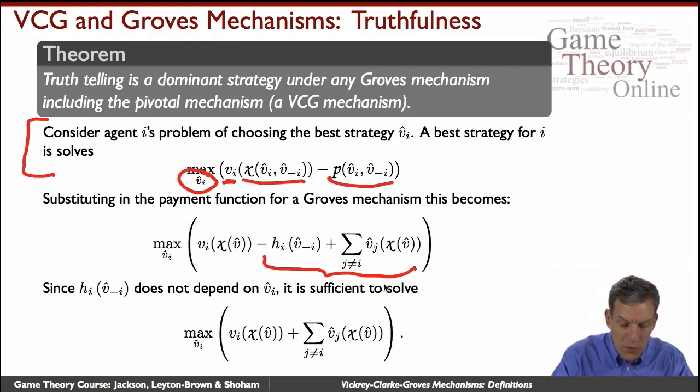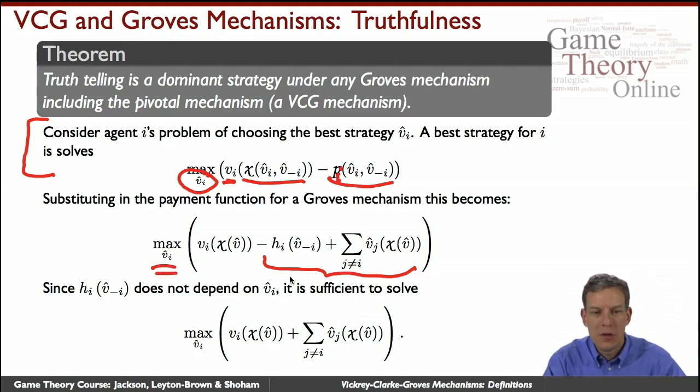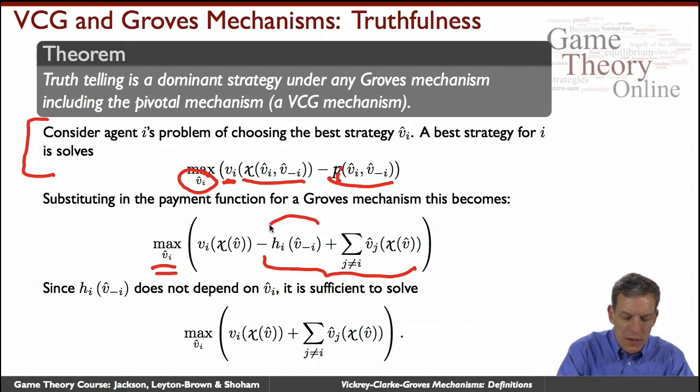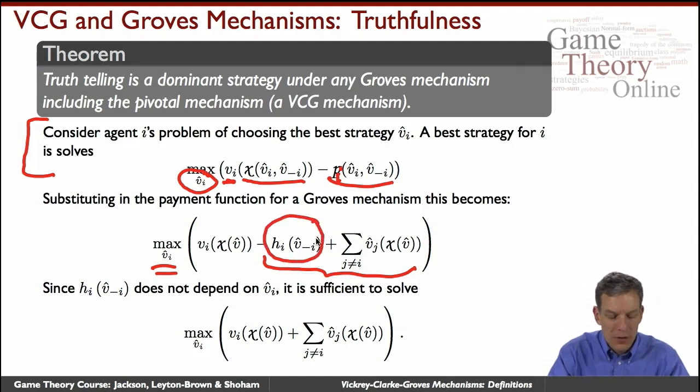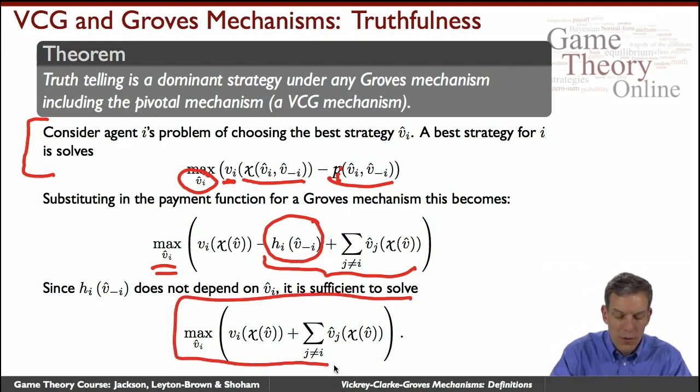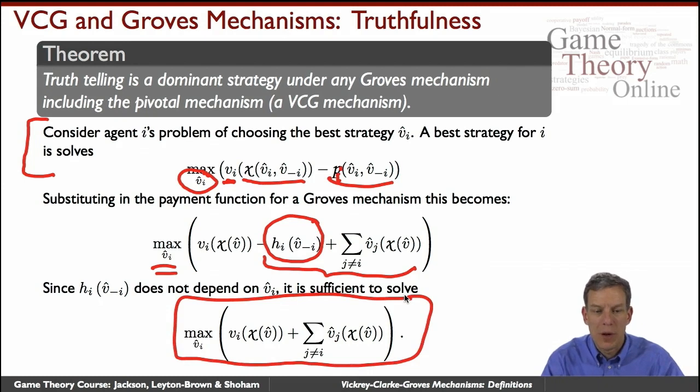And there should be an I here, subscript I. So when we look at that payment scheme, the individual is choosing this to maximize their overall utility. So first of all, notice that this thing does not depend on V hat I. So maximizing that is equivalent to maximizing this when we ignore it. Okay. So now we've boiled this problem down to solving this problem.